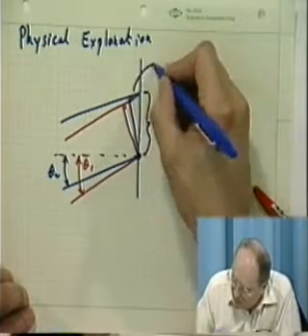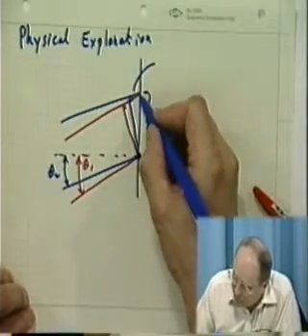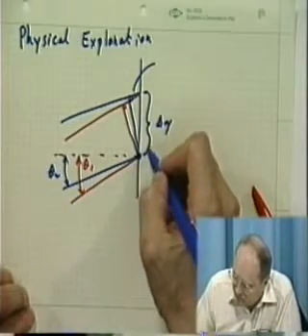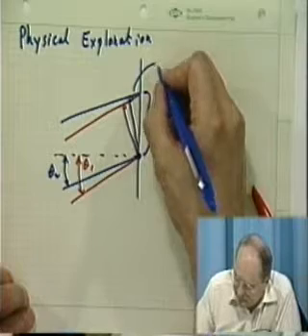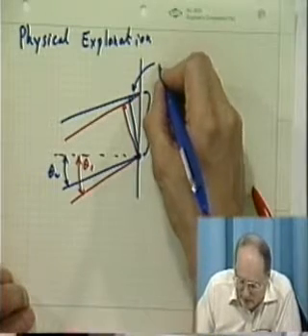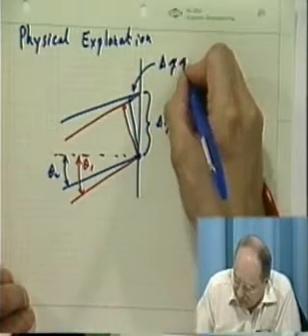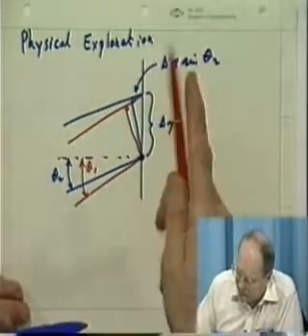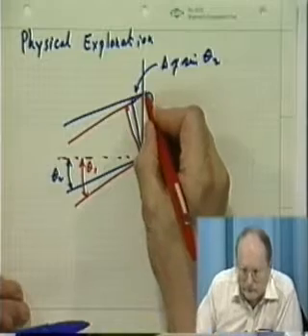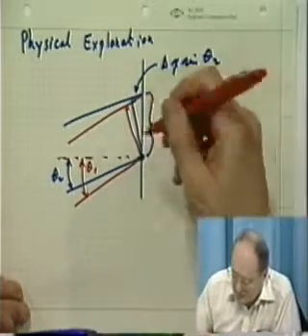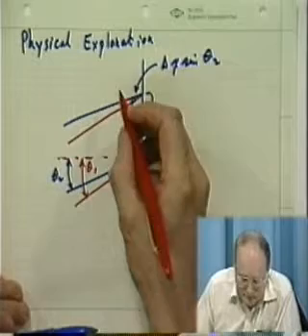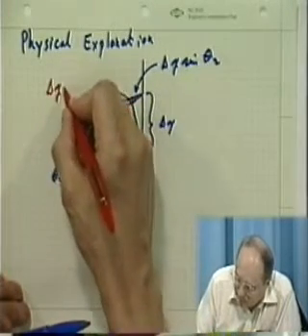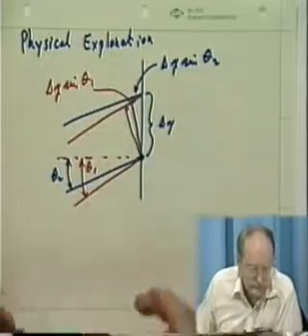And so what is this path difference right there? Well, if the angle here is theta 2 and the distance there is delta y, then this path difference is delta y sine theta 2. So that's this length right here. This path difference is going to be delta y sine theta 1.